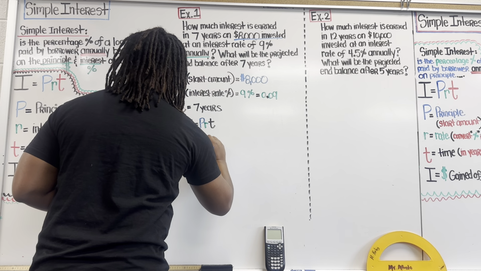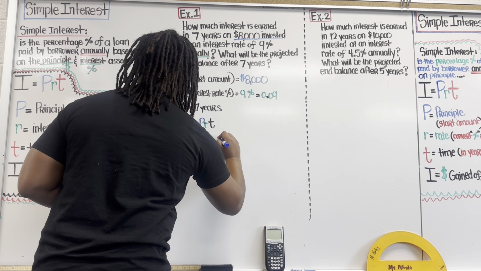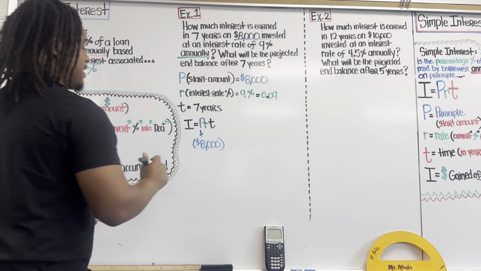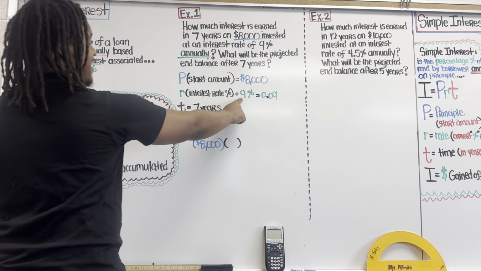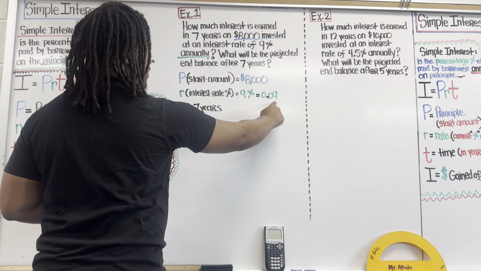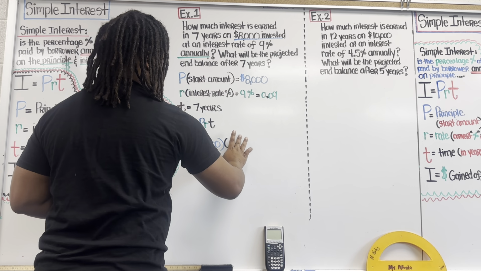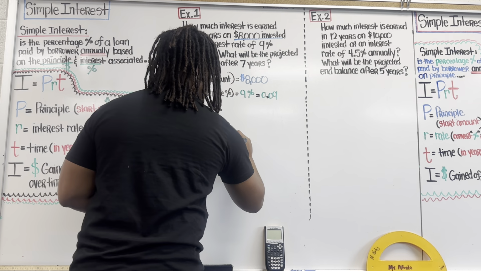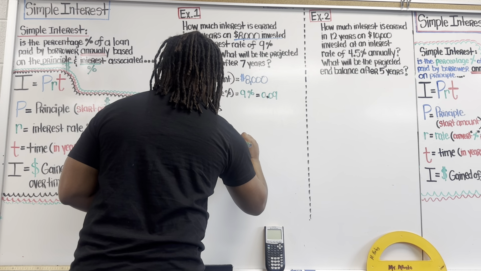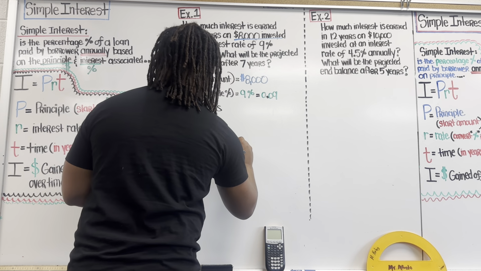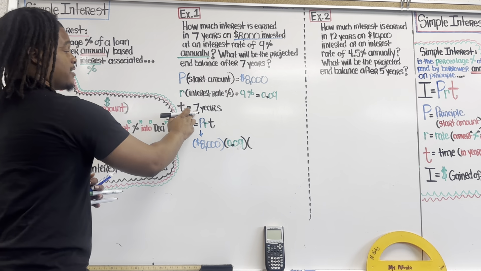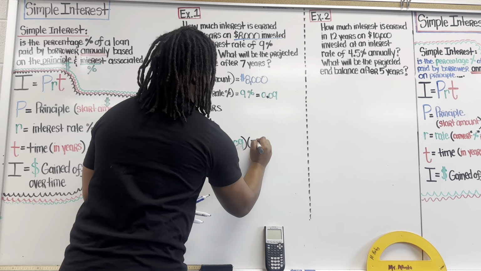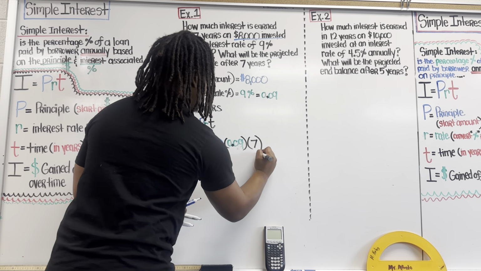So I have $8,000 times the interest rate, 9%, which is 0.09, times the number of years, 7 years.